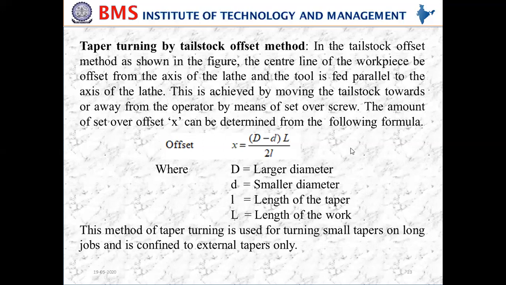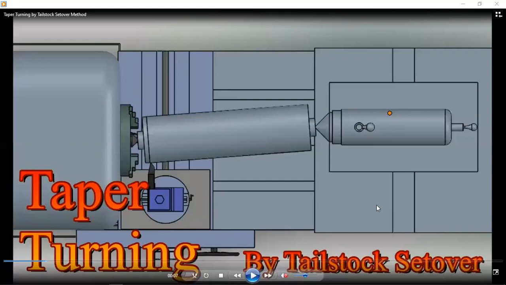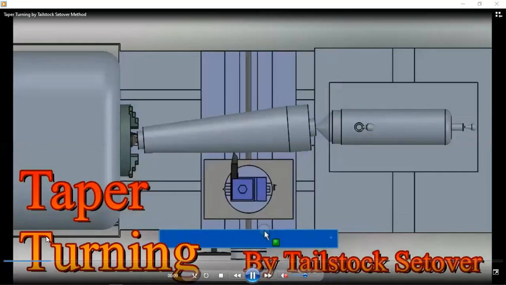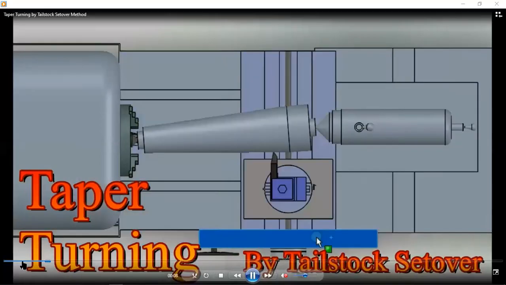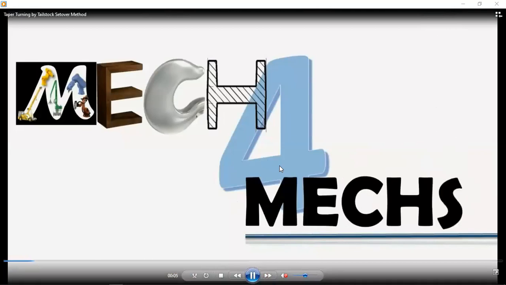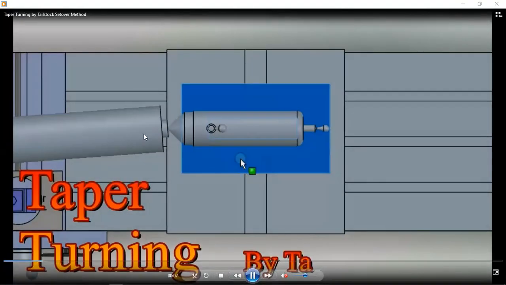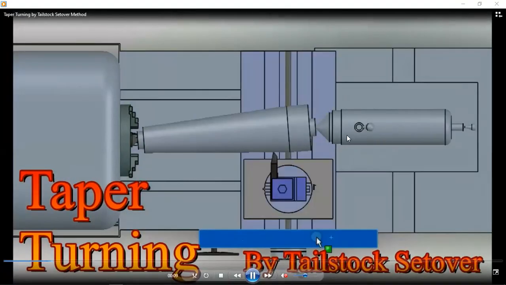We'll see one video on this. Here, see the offsetting. This is the actual axis of rotation, and this is the offset which is performed.